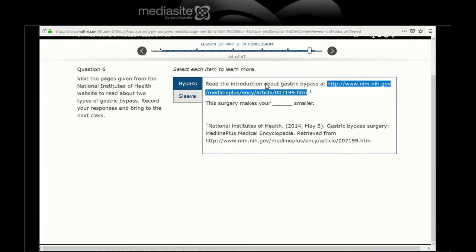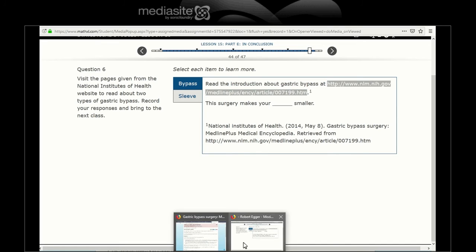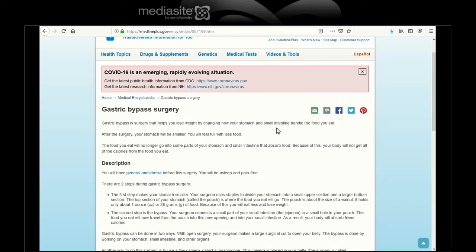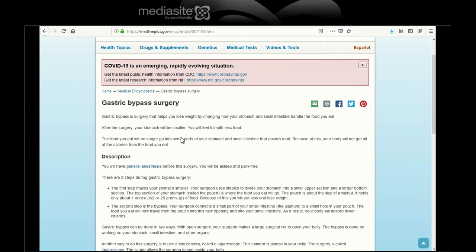Supposedly this title gives us the bypass gastric surgery. Make what smaller? Make your stomach smaller? The surgery will make your stomach smaller to make you feel full with less food. The food you eat will no longer go in some parts of your stomach and small intestine that absorb food. Because of this, your body will not get all the calories from the food you eat.